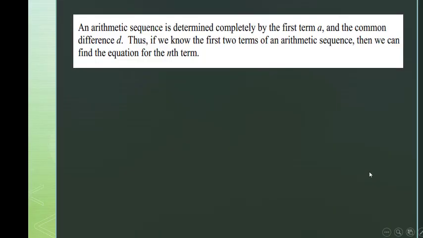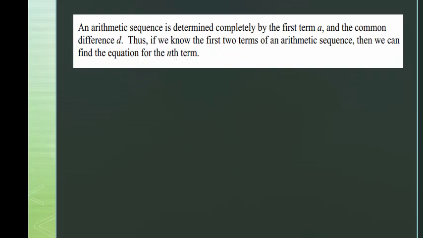In the arithmetic sequence, we can determine it completely by the first term A and the common difference D. Without the common difference and the first term, we can't determine the sequence correctly. Thus, if we know the first two terms or any two terms in the arithmetic sequence, we can find the equation for the nth term.